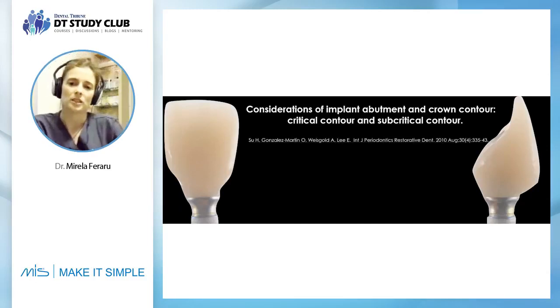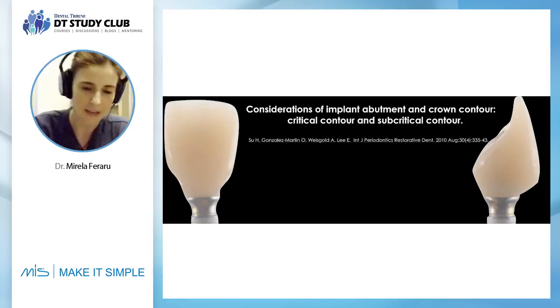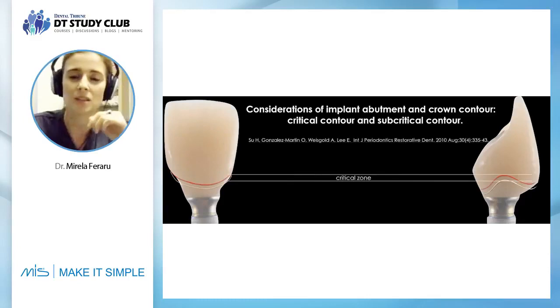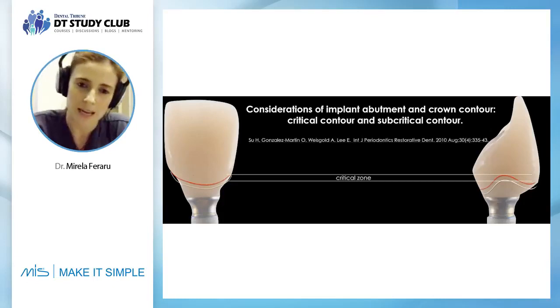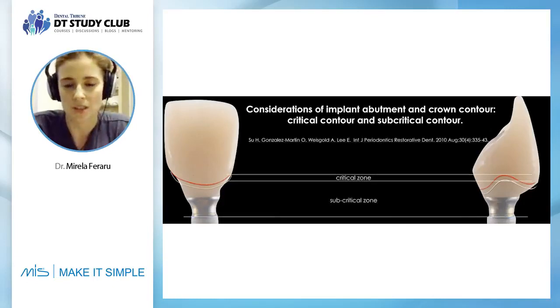They split the restoration into two main areas. They define the 1 millimeter close to the soft tissue margin as a critical zone, and everything behind this area up to the implant head is called a subcritical zone.